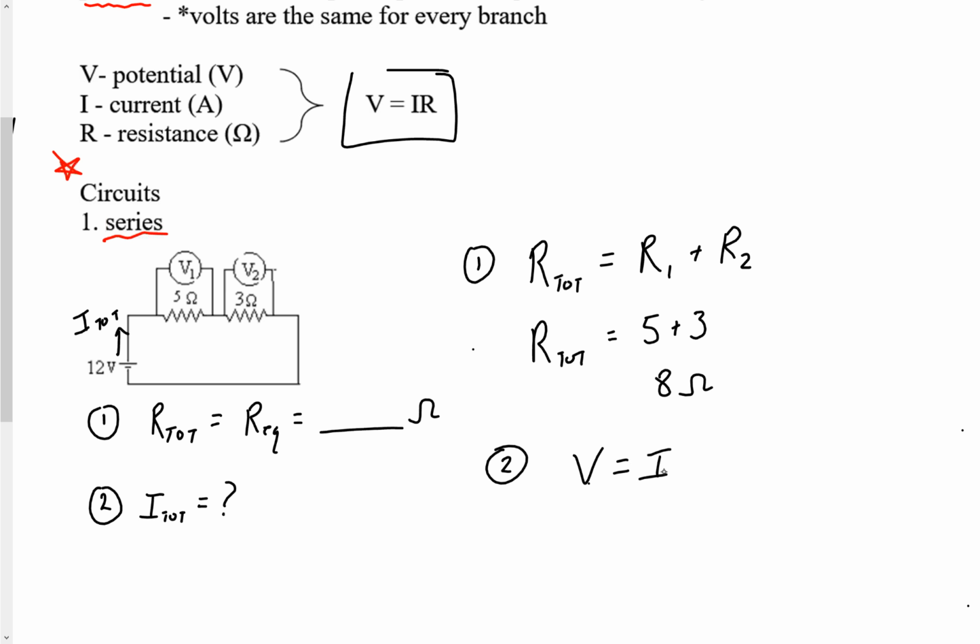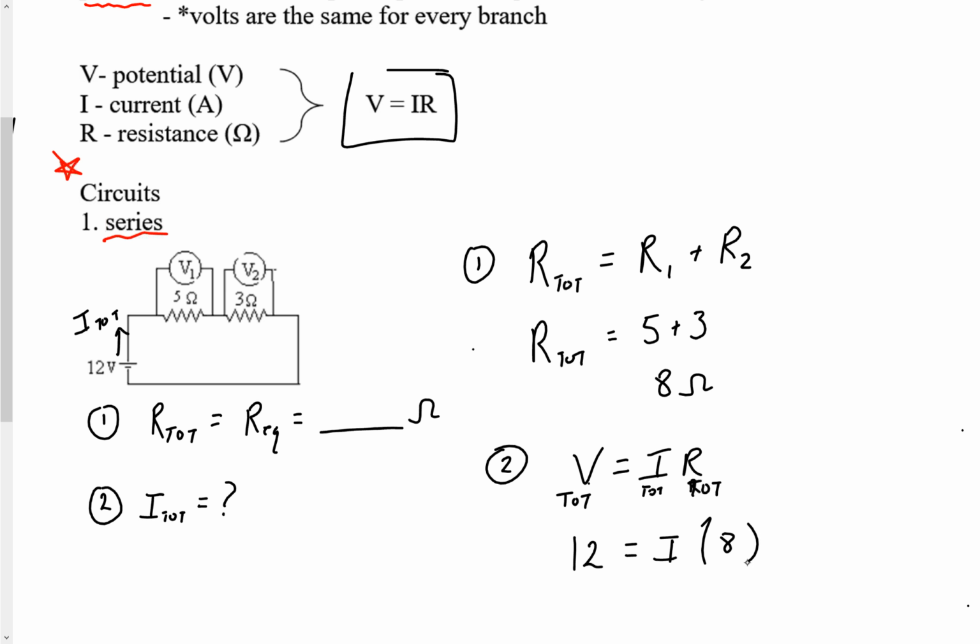So V is equal to IR. If my goal is to find the total current, I need to know the total resistance and the total voltage. The total voltage is your battery in the problem. In this case, I've got a 12-volt battery, and that's equal to I times the total resistance, which is 8.